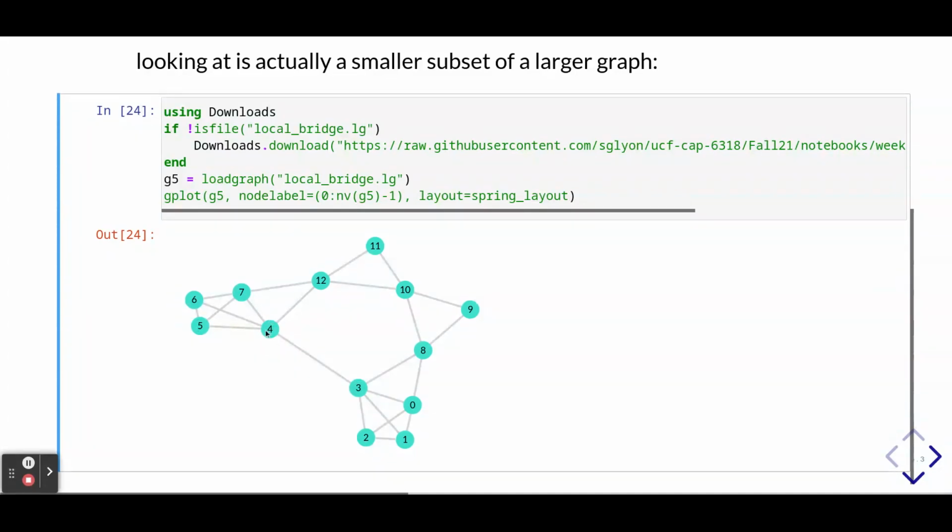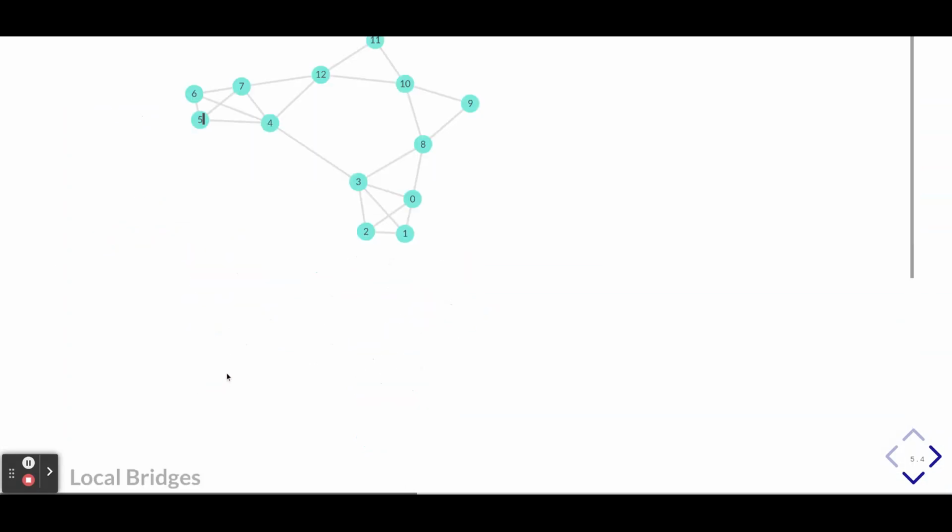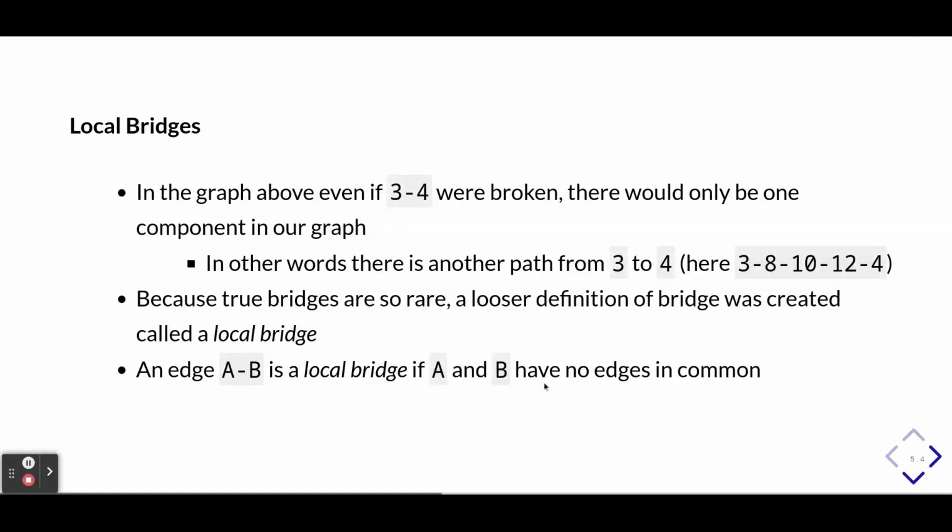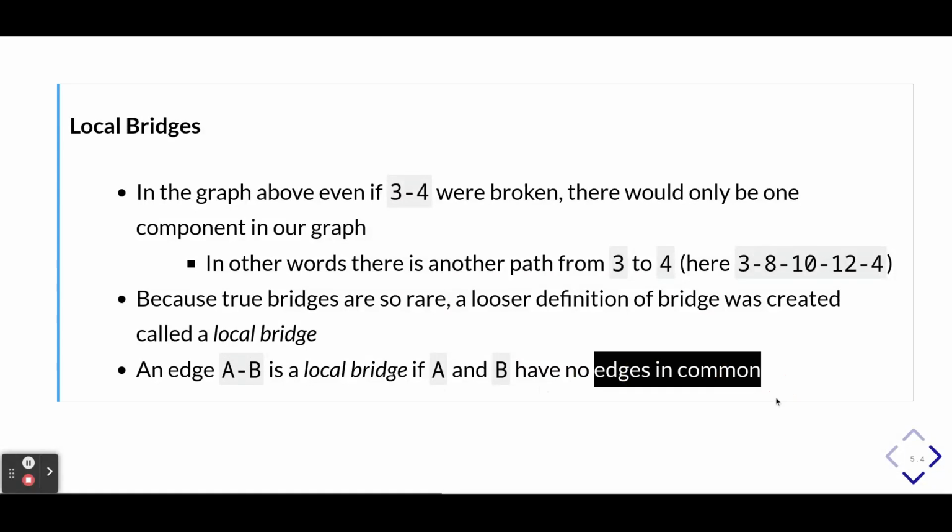And so in order for a single edge to be a local bridge, it means that all triangles that it's a part of are open triangles. Or that the two partner nodes along that edge have no other common neighbors.